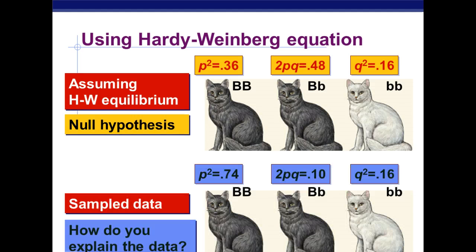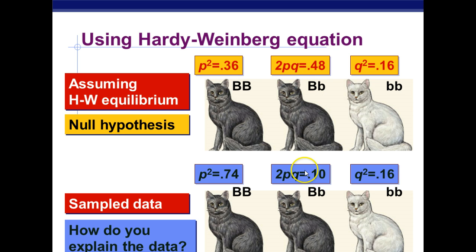Okay, now here's our second generation cats, we call sample data. This data now we're going to compare with our Hardy-Weinberg equilibrium to see if anything's happening with this population. In our original sample, the hybrids appear to be weaker in the second generation.